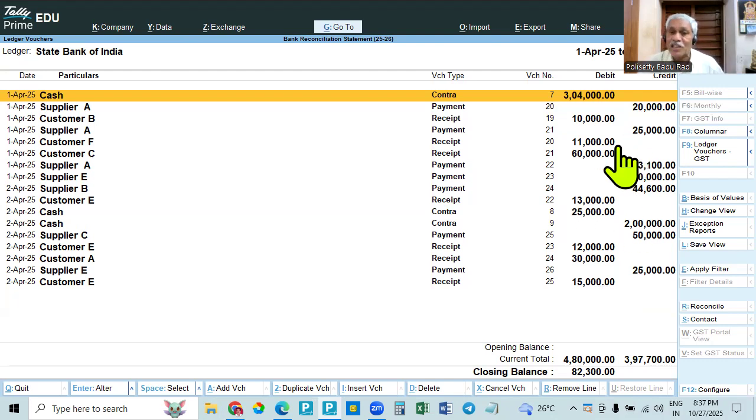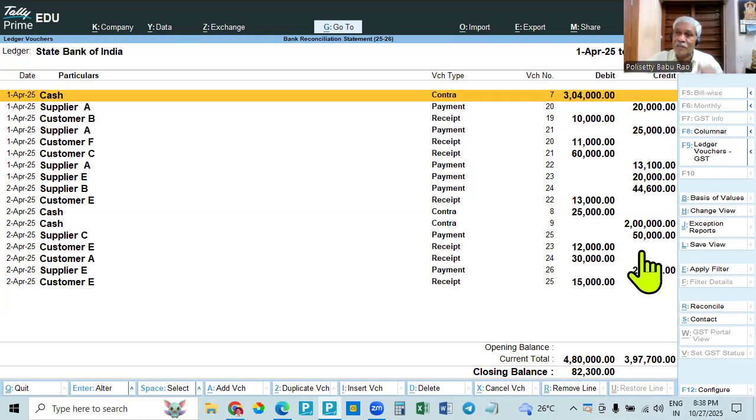But what we have to do is take the statement and compare the statement and our account, that is our books, and see what the differences are. The entries available in our books are not shown in the bank book. The debit or credit entries made in the bank account in our books, but not made in the bank, will create a difference.